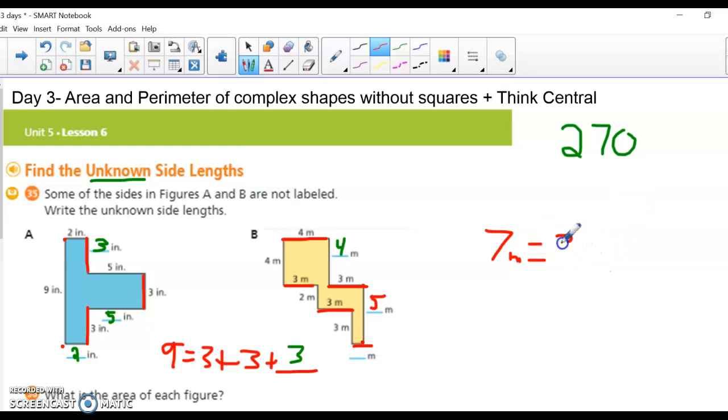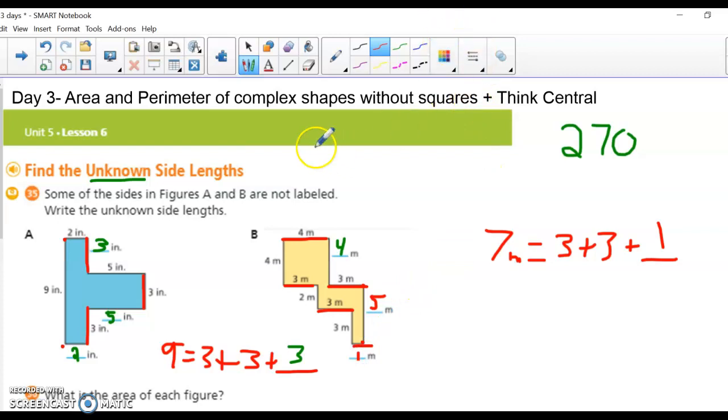So our equation could be 3 plus 3 plus something gets me to 7. So all three of these bottom red sides need to add up to 7. Okay, well, the way we would do that is 3 plus 3 is 6 plus 1 more. So this side is 1 meter.